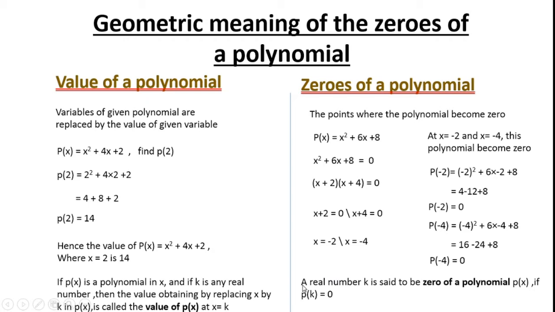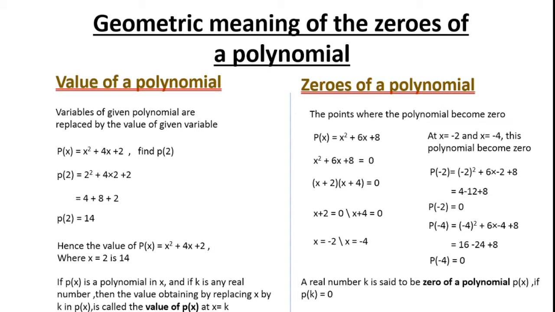So we can say that a real number k is said to be a zero of a polynomial p of x if p of k equals 0. Then what is the meaning of zeros of a polynomial? At what point does the polynomial become 0? That point is called the zeros of a polynomial.